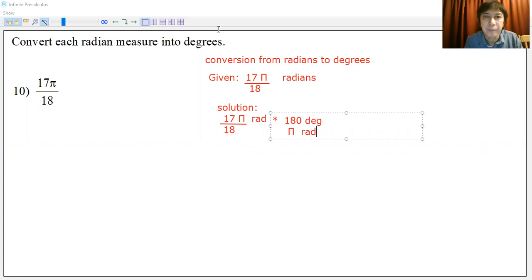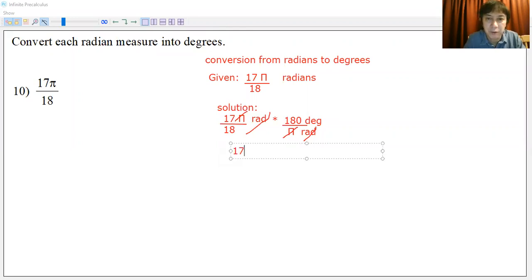Now we can divide something. The pi divides by the pi. Also, the radian unit cancels out with the radian. Okay, and so we continue with the remaining numbers and unit.